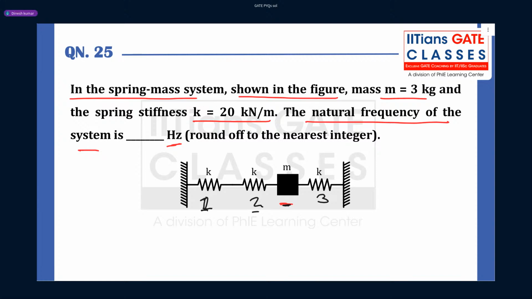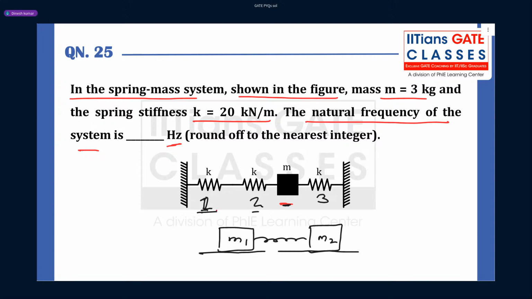And is this system 2 degree of freedom or 1 degree of freedom? You remember there was one question where there were two masses connected with only one spring. Was that problem 2 degree or 1 degree?